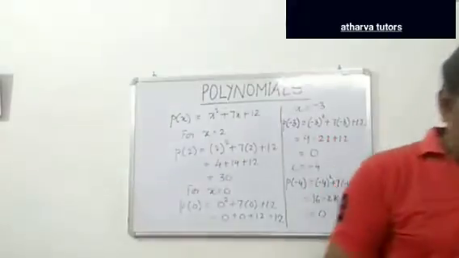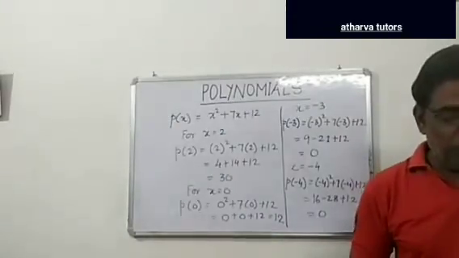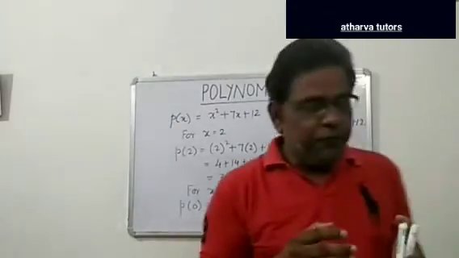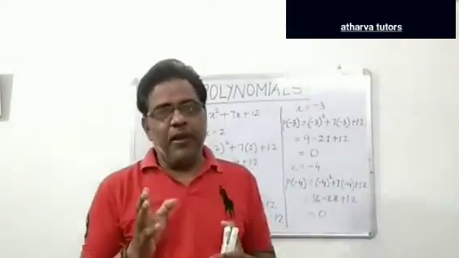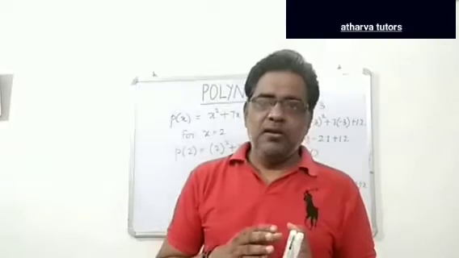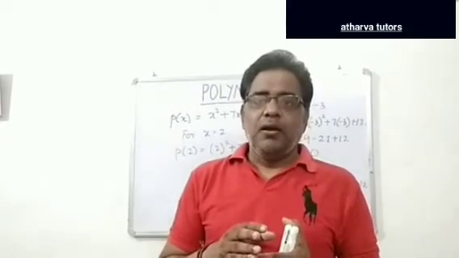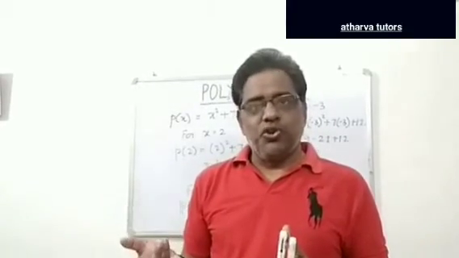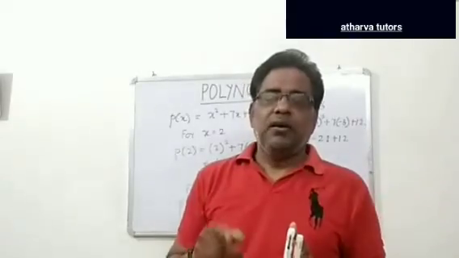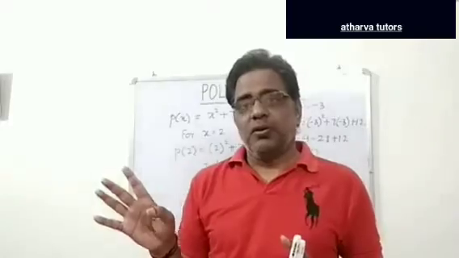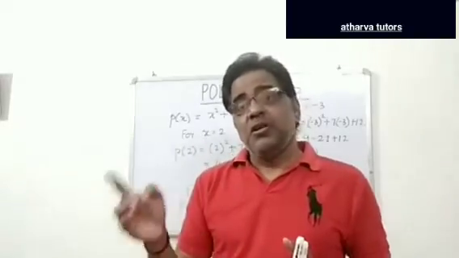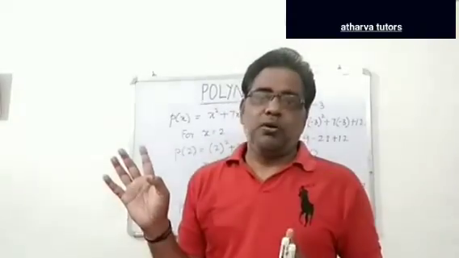So you had defined zero of the polynomial as: if you have any real number k such that p(k) equals 0, then k is said to be zero of the polynomial.